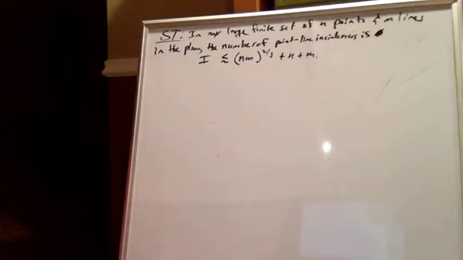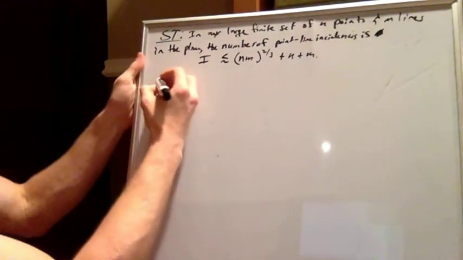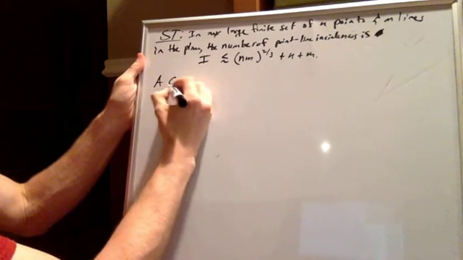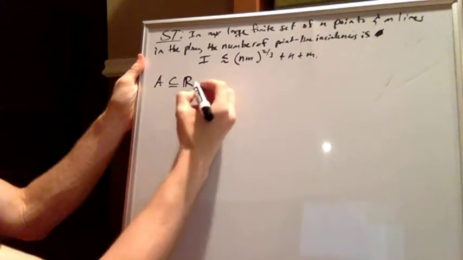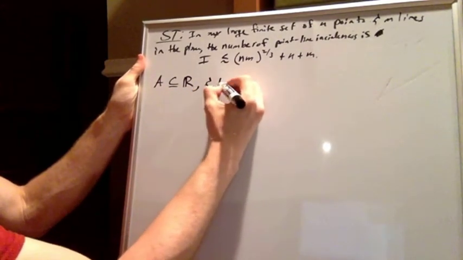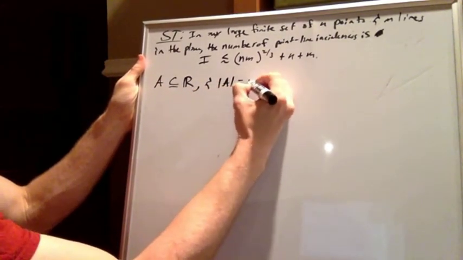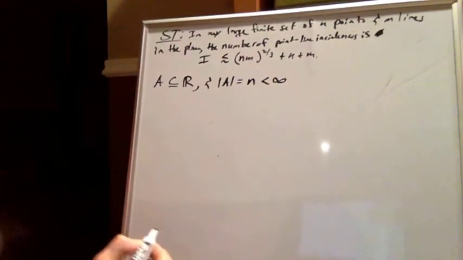So let's suppose that A is a subset of the real numbers. It doesn't have to be, but just for today, let's talk about real numbers. And the size of A is n, which is finite. We're typically going to be dealing with large finite sets.